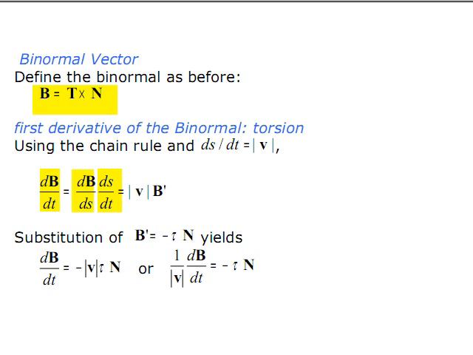So we've used the chain rule here, remembering that ds by dt is the magnitude of the velocity, and then we of course have the arc length derivative of the binormal. Here was the expression from the first lecture. The arc length derivative of the binormal equals minus the torsion in the direction of the unit normal. We can substitute that in, and we have an expression here for the first derivative of the binormal with respect to time. And we can use that to find the torsion itself.